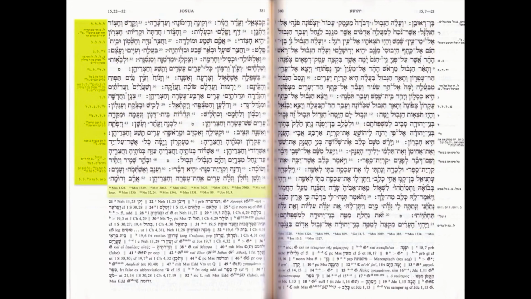But then over here in the margin, and just underneath the main body text, is the Masorah. These are the notes, the references that the Masoretes transmitted along with the consonantal text, and eventually its pointings that we're going to talk about today. These are the notes that were transmitted alongside and below.